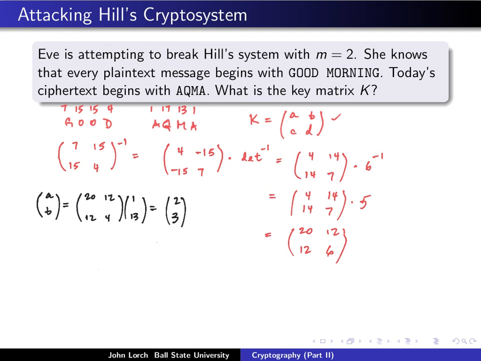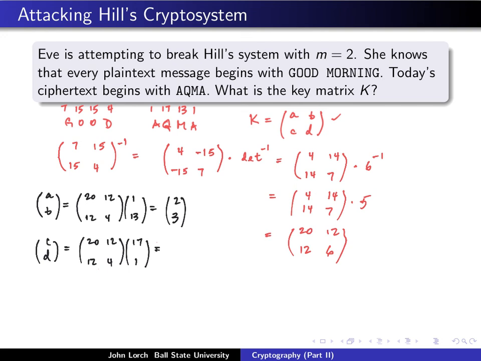Remember, when you're doing these products, to make all of your calculations inside F29. Likewise, CD is this same matrix that we determined, this 20, 12, 12, 4, multiplied this time by the vector 17, 1.